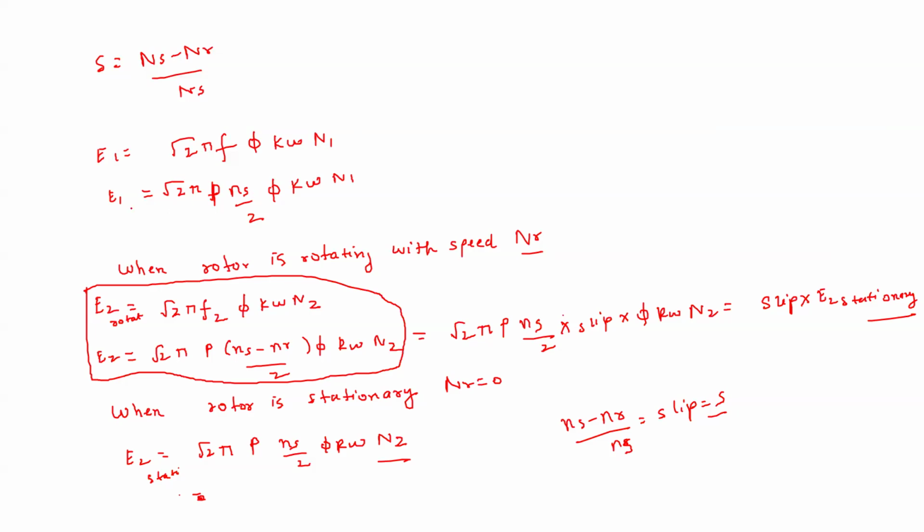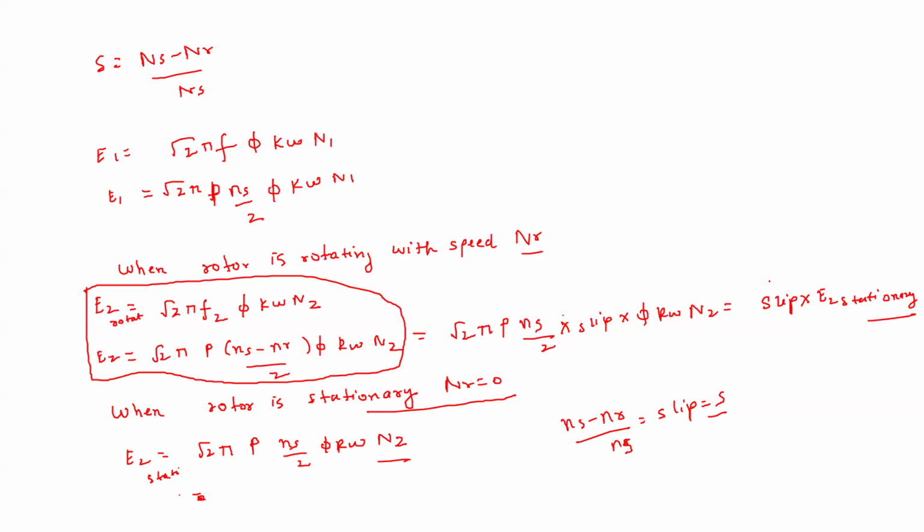That is why for E1 it is root 2 pi p ns by 2 pi k omega n1. And if the rotor is stationary, let us say nr is 0, the relative speed difference will be ns only. So that is why it is root 2 pi p ns by 2 pi k omega n2 when the rotor is stationary. These sets of questions are related to this.